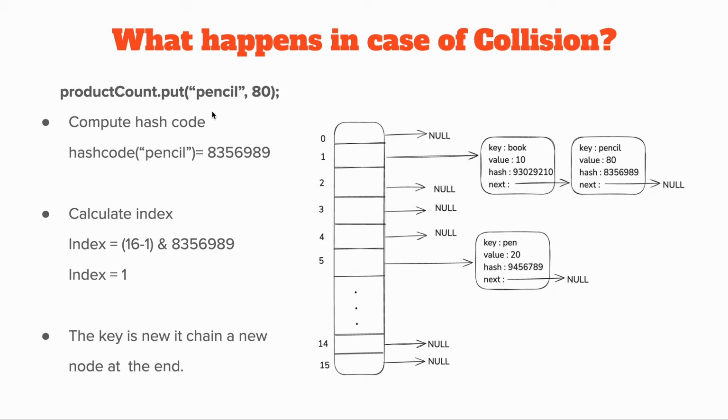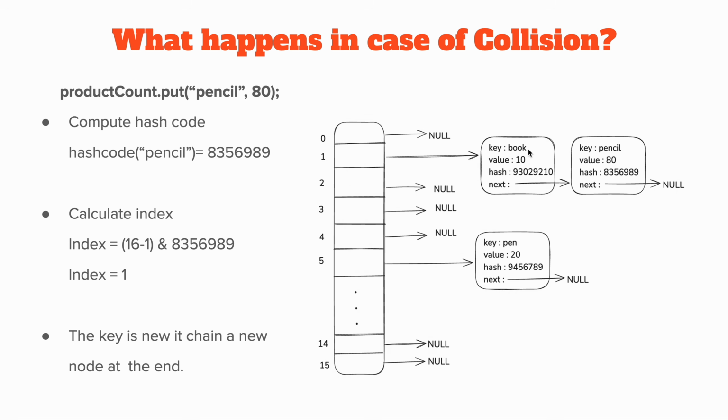You can see for this put call, first this key is passed to the hashCode method, and it will give some integer hash code value. Then index calculation happens and we get index 1. At index 1, one entry is already present. When the next entry comes, it goes to this bucket and checks whether any node is present at this index.